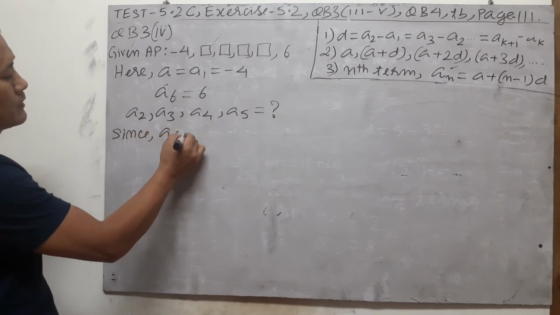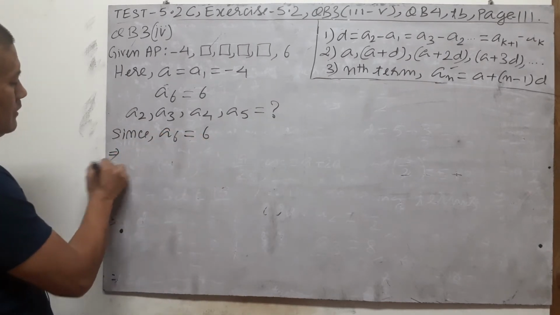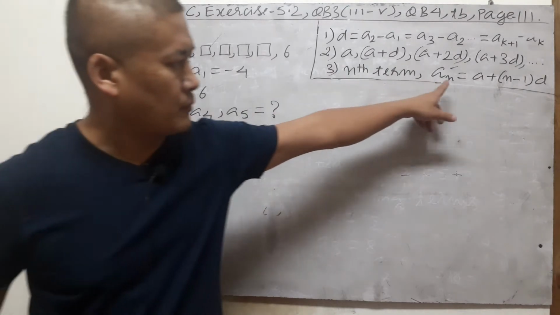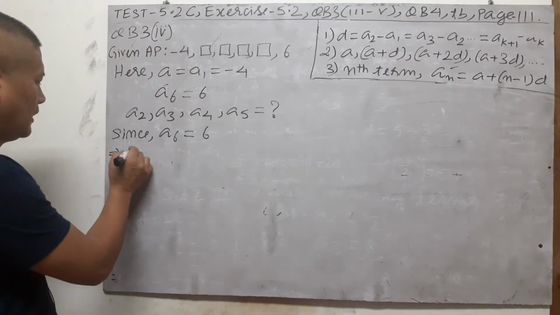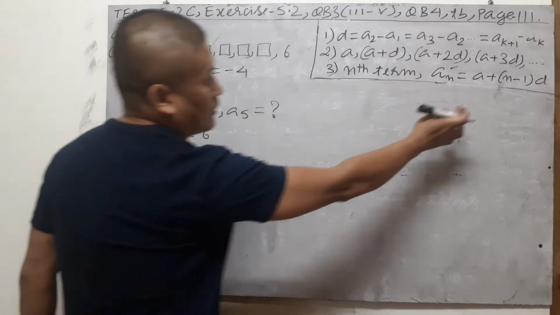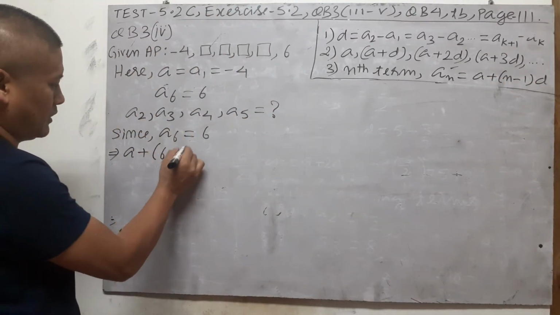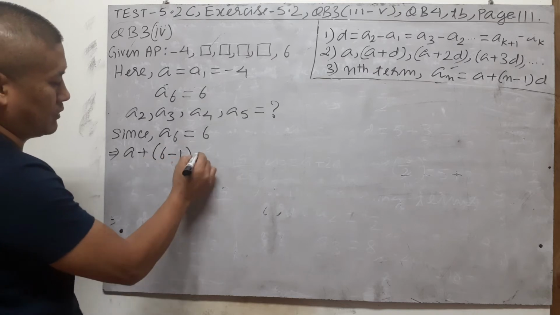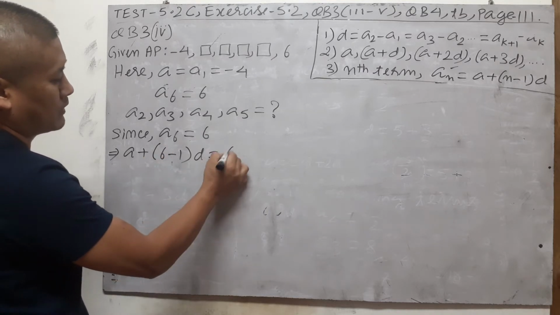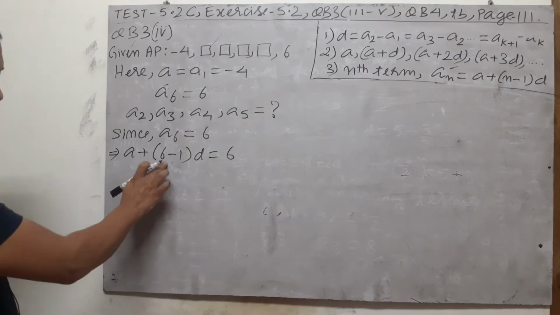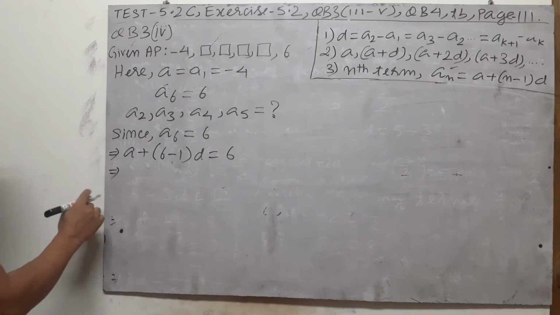Since A6 is equal to 6, let us use this A6 corresponding to this formula. So A plus n minus 1 into D. Our n is specified here, n is 6, so 6 minus 1 into D equal to the right side, which is 6. By now you know this quite clearly, right?